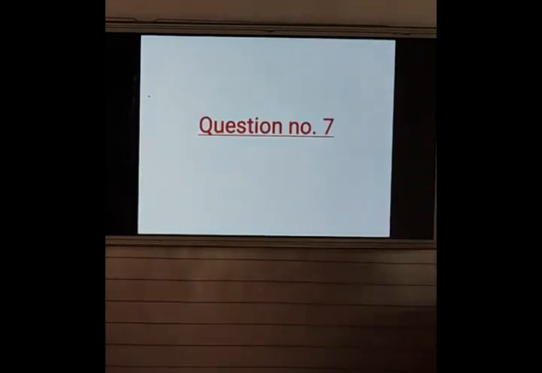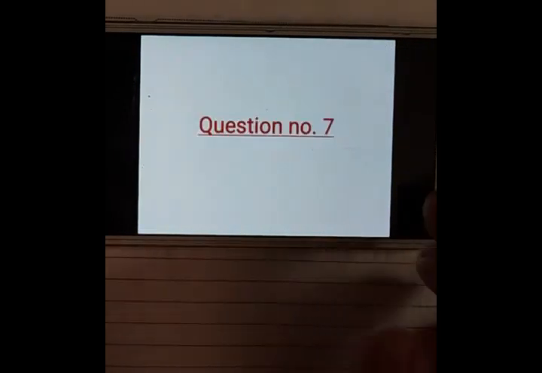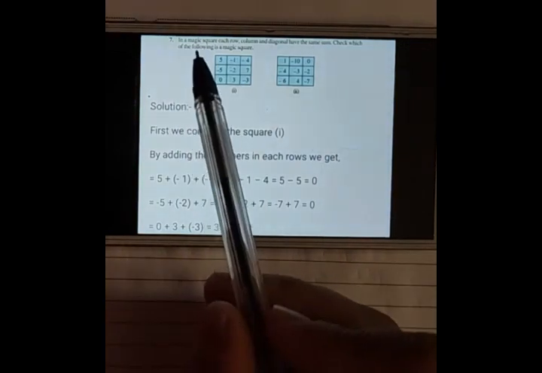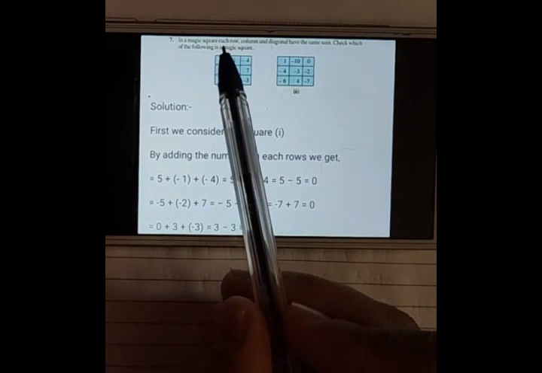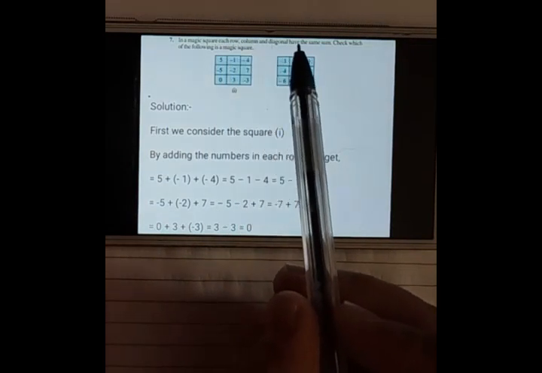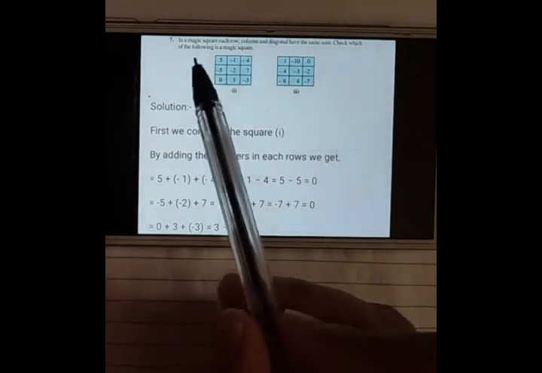Let us move on to the next question, question number 7. This is quite a tricky one, but it is also very easy. You'll find it very easy to solve. In the question it is given that in a magic square, each row, column and diagonal have the same sum. Check which of the following is a magic square.